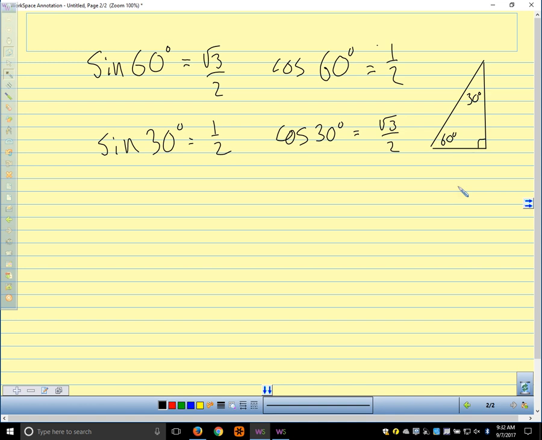And what happens with our sines and cosines here? They're flipped.